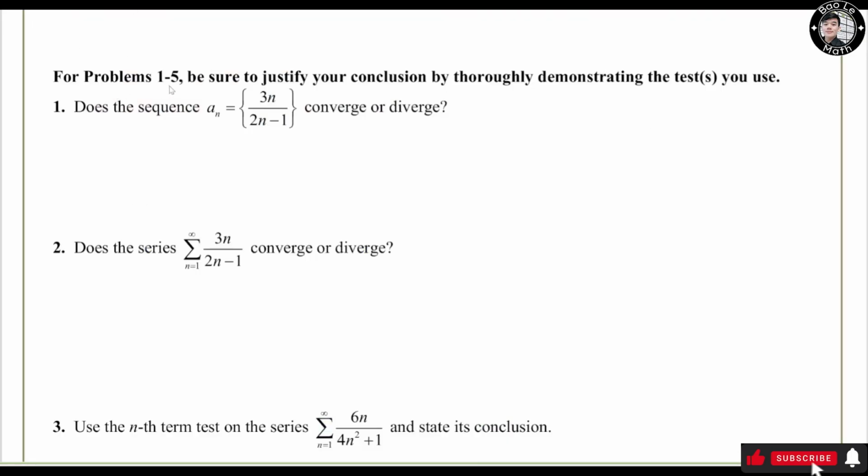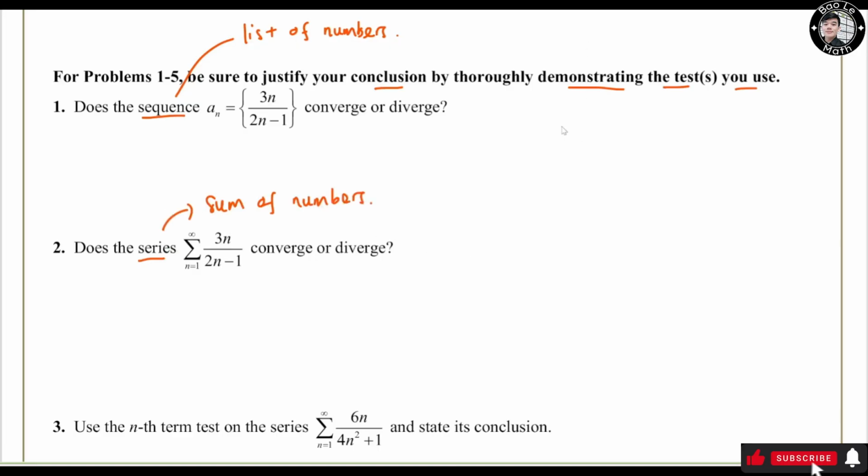Now, for problems 1 to 5, be sure to justify your conclusion by thoroughly demonstrating the test you use. Questions 1 and 2 are about sequences and series. Remember the difference: a sequence is a list of numbers, and a series is a sum of numbers.